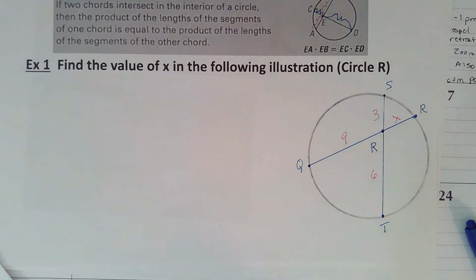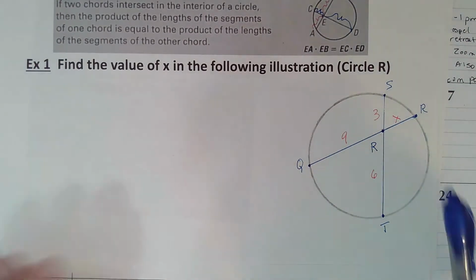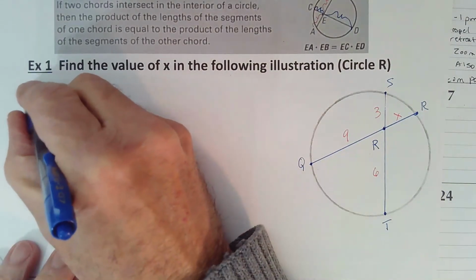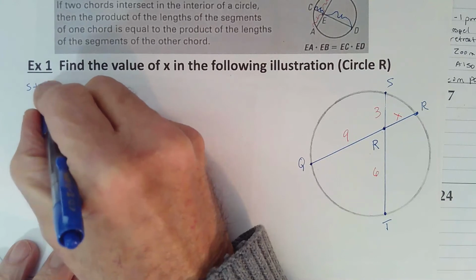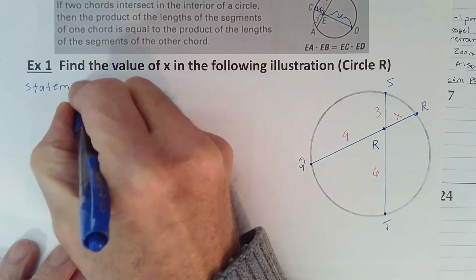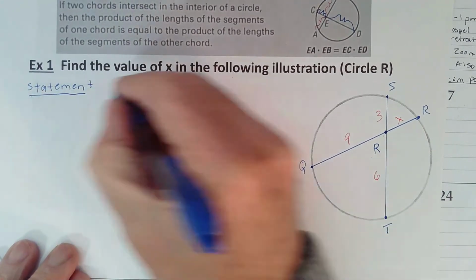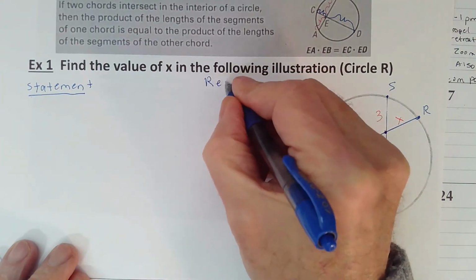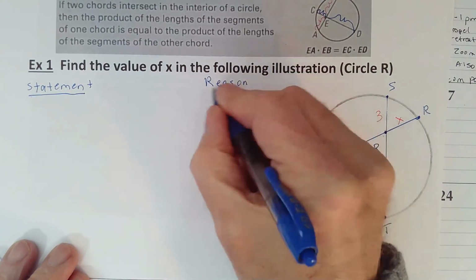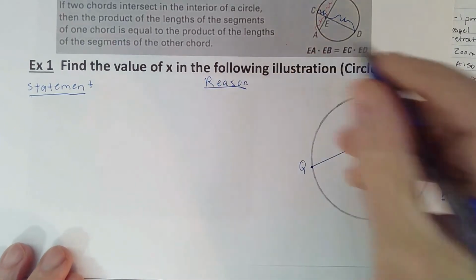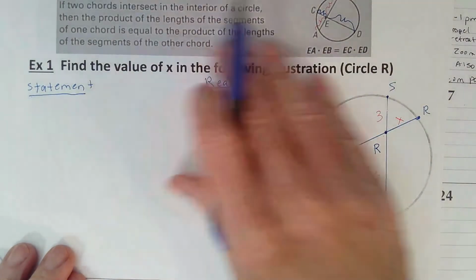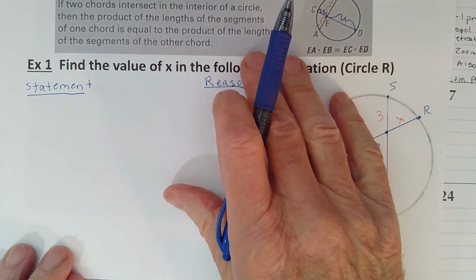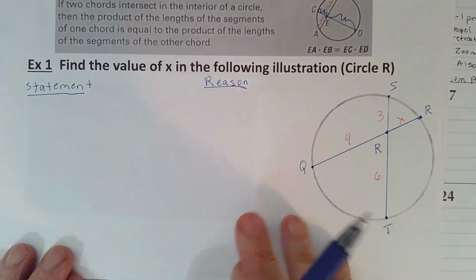And so I'm going to write a statement over here, and then I'm going to have the reason column over here. What I'm going to do is take the theorem. The theorem is really our rationale and what makes this a proven thing.